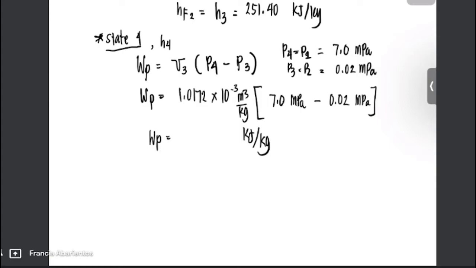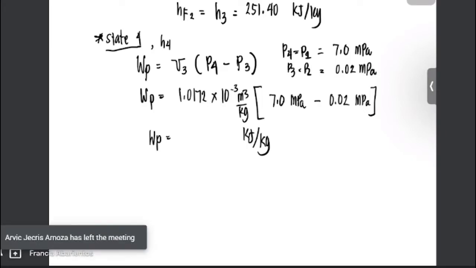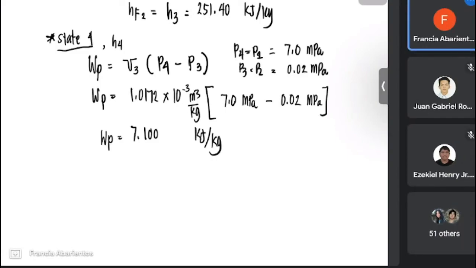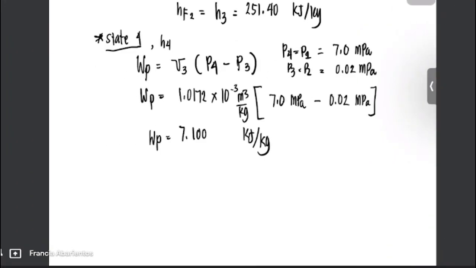Work of the pump. Huwag kakalimutan yung times 10 to the negative 3. Okay, yan. May answer na si Adeline. Ilan yung 0? Tatlo. Dalawa.